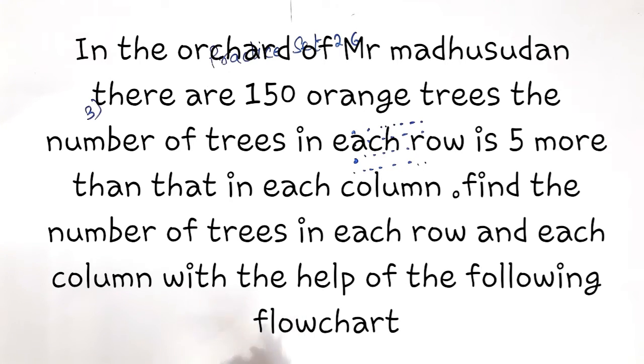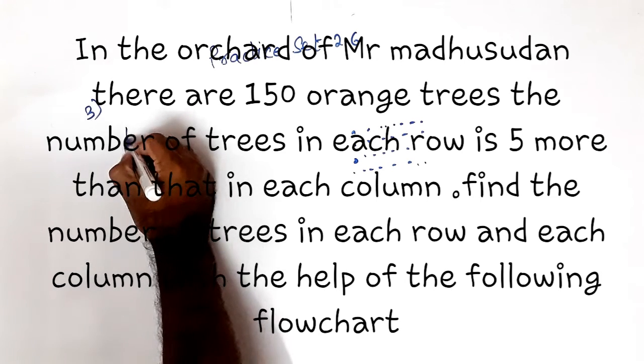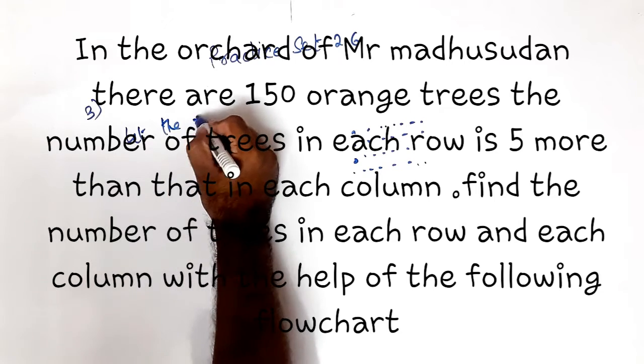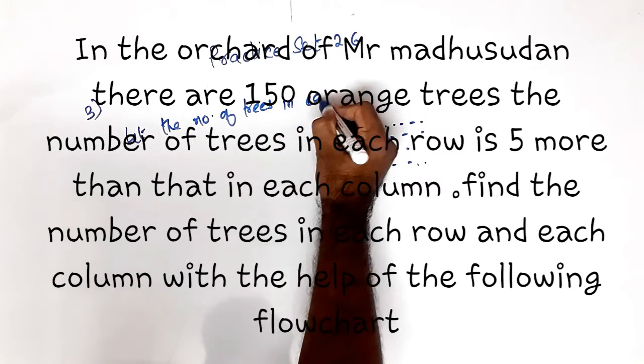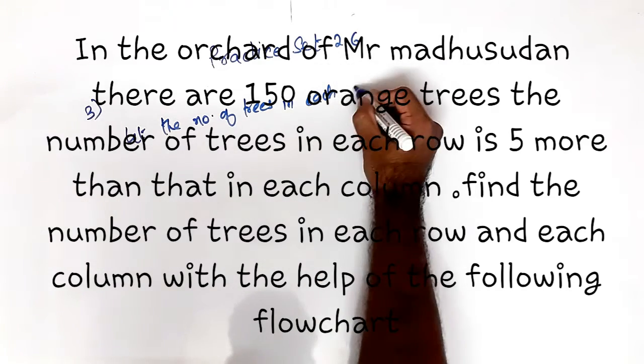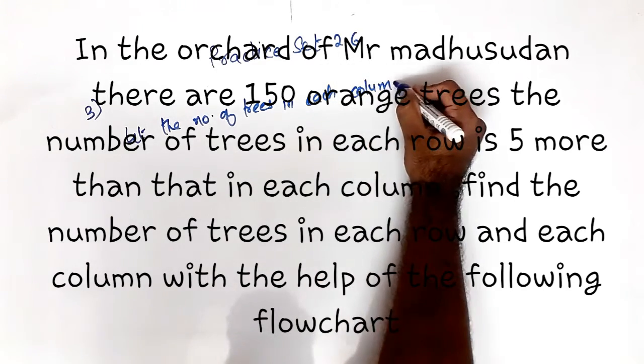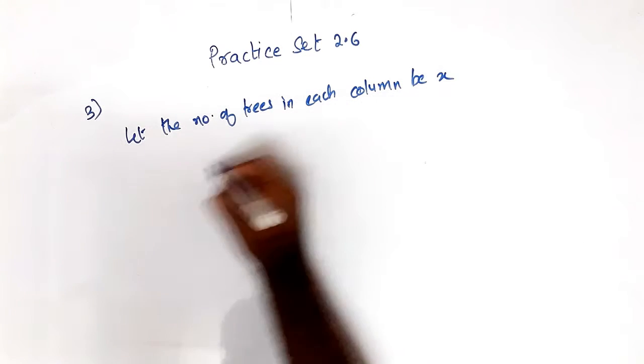Now very simple. In algebra, the lesser one we take as x. So let the number of trees in each column be x.